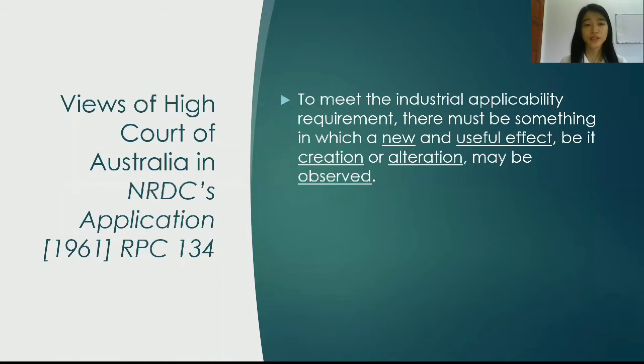And in the case of NRDC's application, the High Court of Australia held that to meet the industrial applicability requirement, there must be something in which a new and useful effect, be it creation or alteration, may be observed.